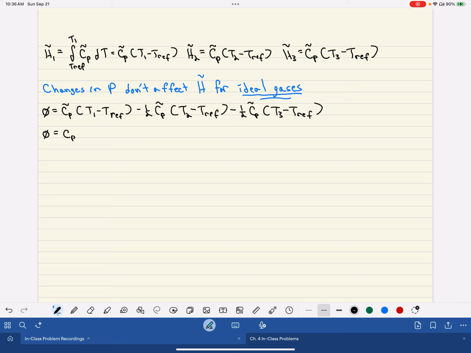I'm going to combine all the terms involving T1, T2, T3 into one set of parentheses, and then combine all the terms with the T refs into another set of parentheses.